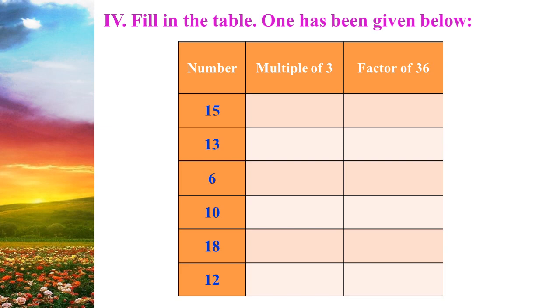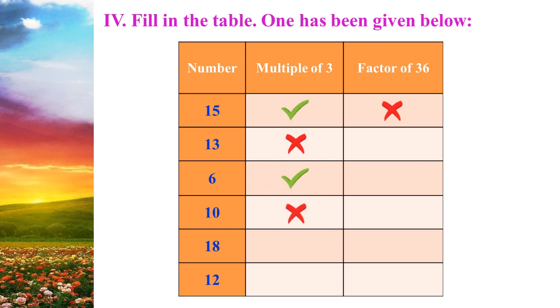The first number is 15. 15 is multiple of 3. 15 is not a factor of 36. The second number 13. 13 is not a multiple of 3. Third number 6. 6 is multiple of 3.